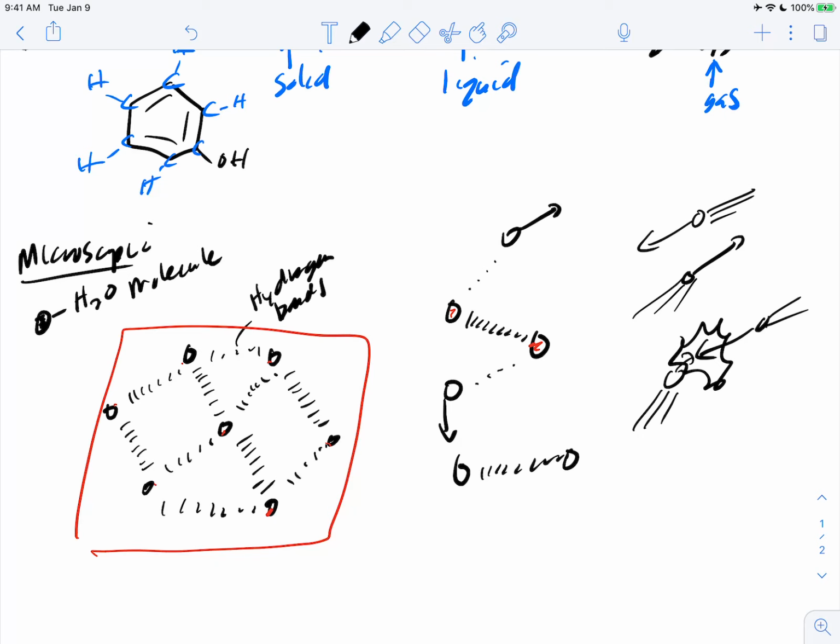And so the microscopic representation of atoms and molecules and interactions is very useful for explaining things, in such a way that you can't get from the other forms of representation, symbolic or macroscopic. The downfall, as you saw, is it takes a lot of time to draw the microscopic representation, and it's all a cartoon.